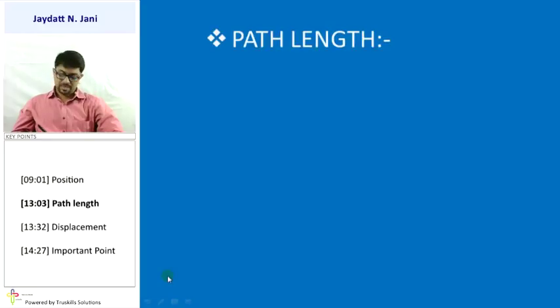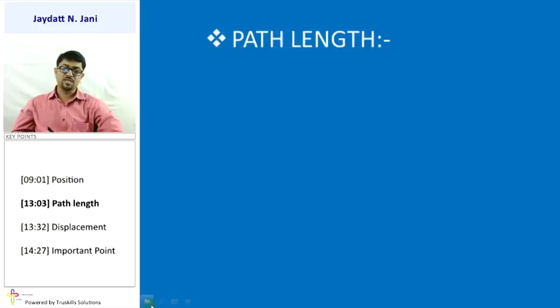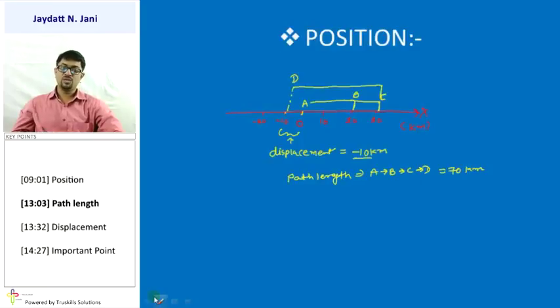So now path length means we can say that total distance traveled by a particle in some time interval is called path length. As we just observed in this previous slide, path length means total 70 kilometer distance, because that particle moved from A to B, then B to C, and then C to D. That total distance is considered as a path length.